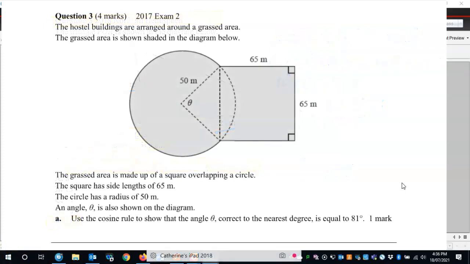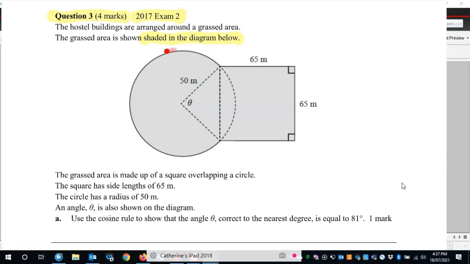So now we're looking at 2017 exam 2, so this is the extended response. This is question 3. So we've done 2 questions, and remember in all our exams the questions get harder, or are considered more difficult, as we go along. The hostel buildings are arranged in a grassed area, shown shaded in the diagram below.